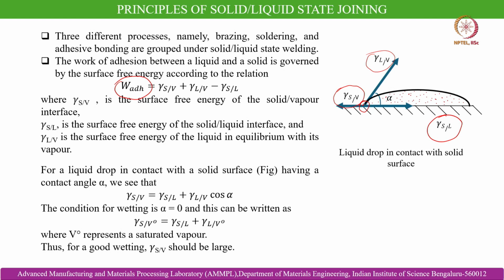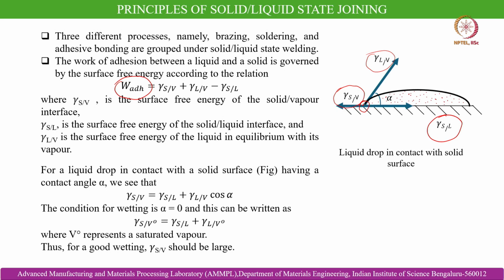The surface energy of the solid vapor interface, sigma SV, becomes equal to sigma LV cos alpha plus sigma SL. Because there is an included angle, we are taking the cos component, so that we can balance it with the surface energy of the solid vapor interface.